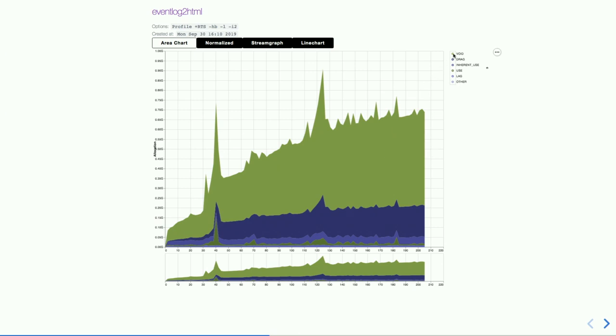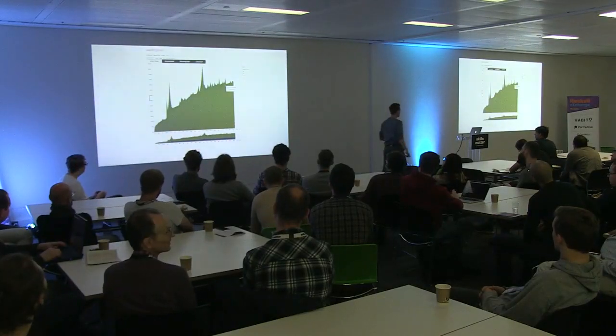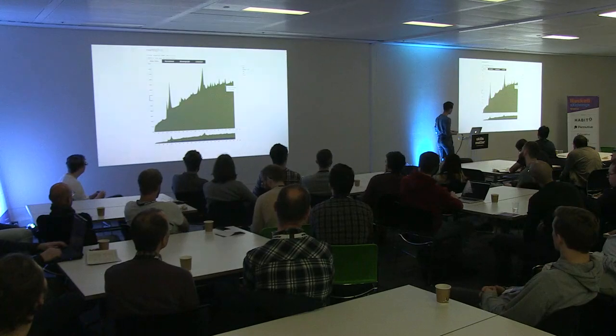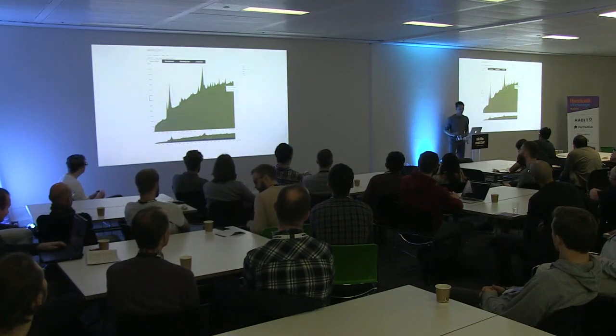So void memory is the biggest one, and void memory is memory that is never used at all. So we have a nice fat band here, 455 megabytes of memory that's never used on this specific execution of GHC compiling cabal. In theory, for this specific execution path, we didn't need to allocate any of this memory in the first place.